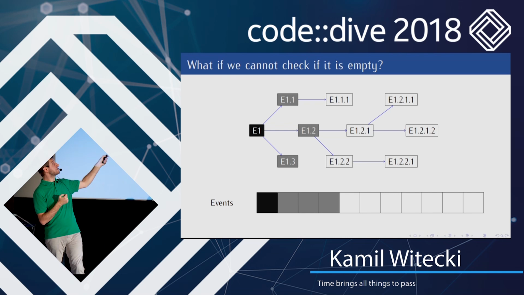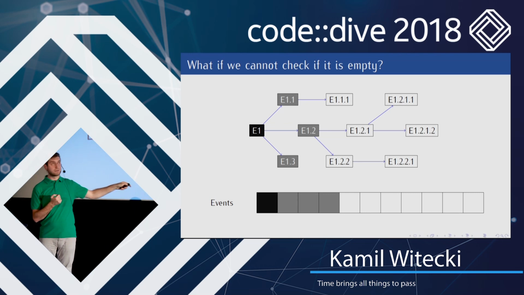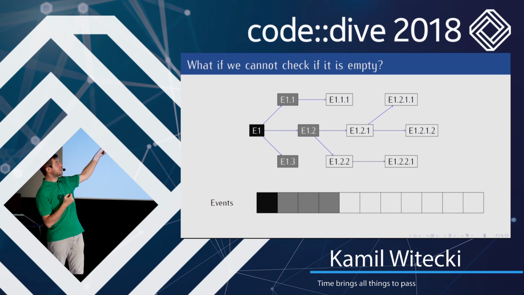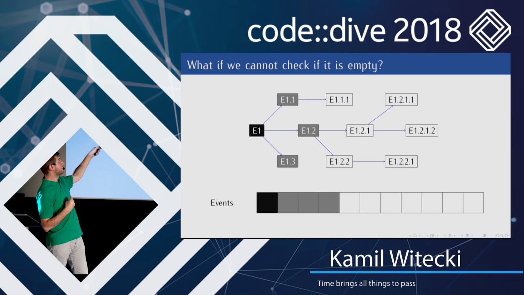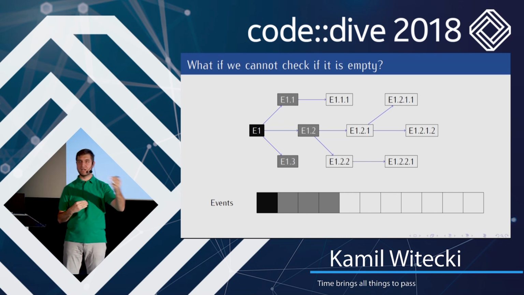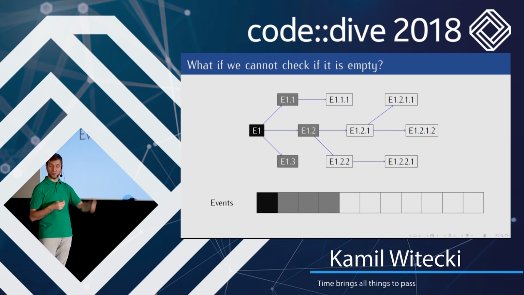And now when I start executing this event, I will add this one to the queue, but it will always land at the end. So I can somehow tell that I have cut this graph in layers. The further from the root they are, the bigger layer number they have. So the depth of the graph somehow tells me how many cycles this loop will do.